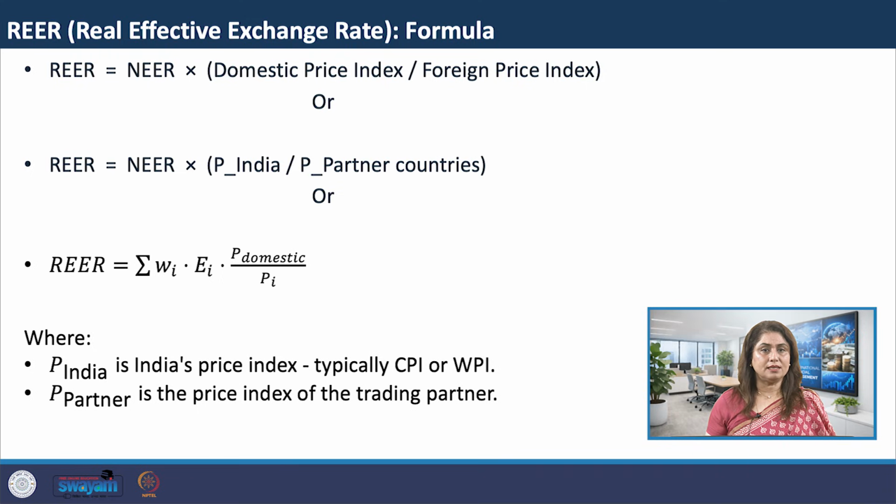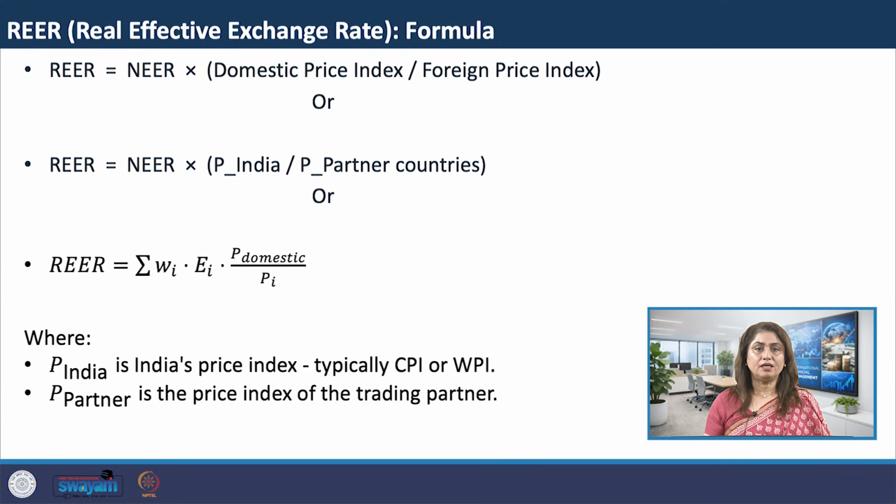P partner is the price index of the trading partner. The ratio of price indices captures the inflation differentials. If India's prices have risen faster than the partner's, this ratio will be greater than 1, pushing REER above NEER.